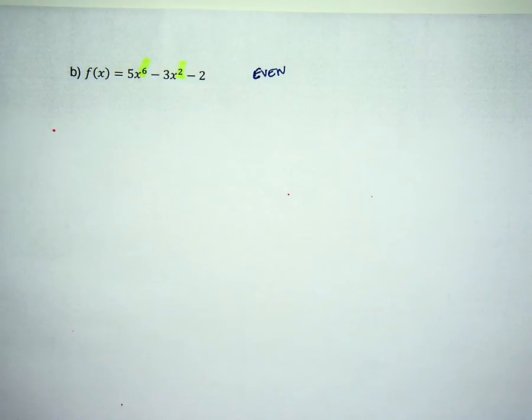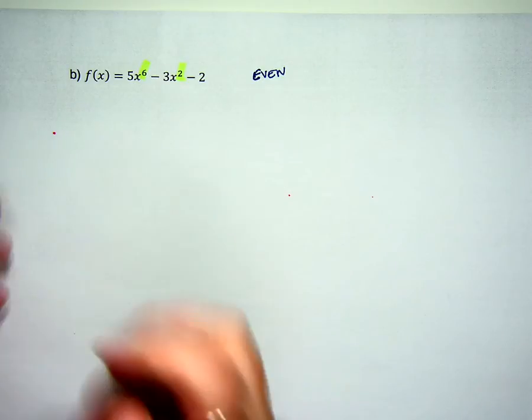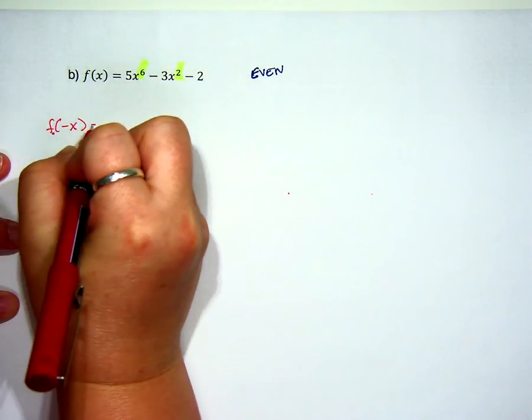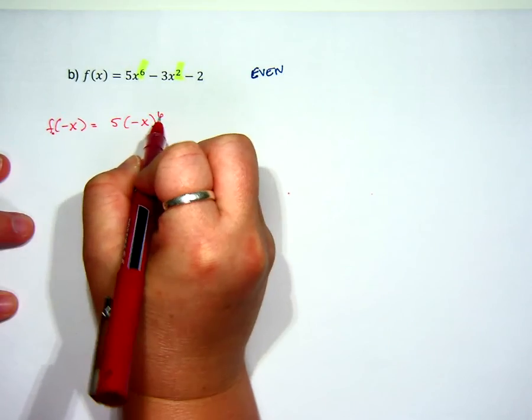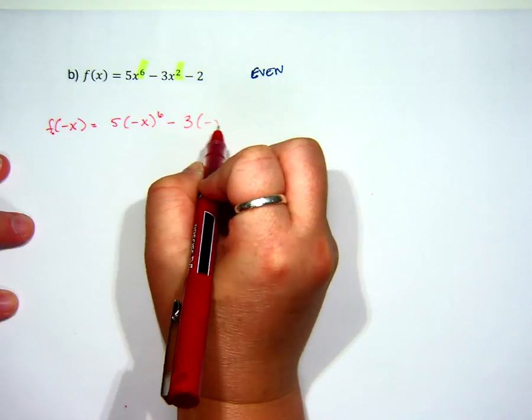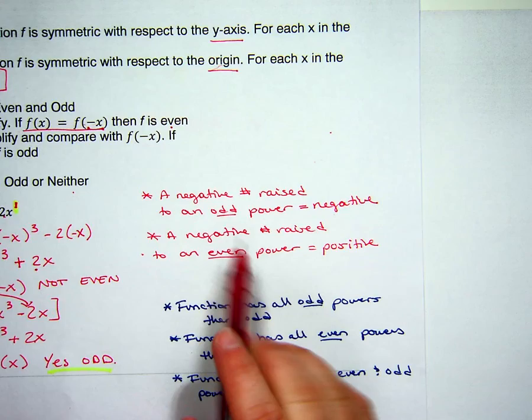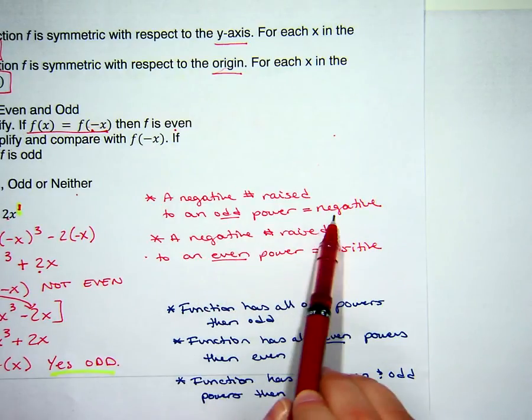Remember our first rule is to find f of negative x. So that means to evaluate. So I have 5 negative x to the 6 minus 3 negative x squared minus 2. Let's go back and remember our rules. A negative raised to an odd power is negative.